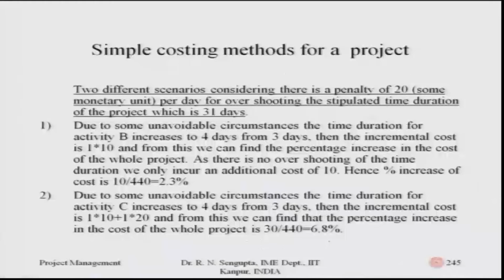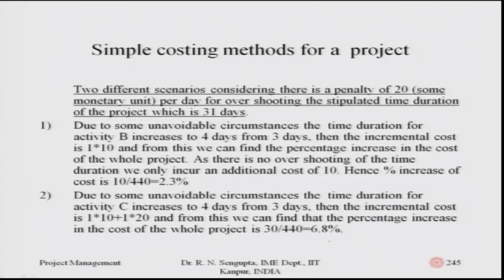Now, if due to some unavoidable circumstances the time duration for activity C has increased from 3 to 4 days, then the incremental cost comes from C increasing by 1 day, which is 1 by 10, plus the fact that E, the last job, is also increasing by 1 day, so it will be 1 by 20. Hence the overall additional cost is now not 10, but 30.